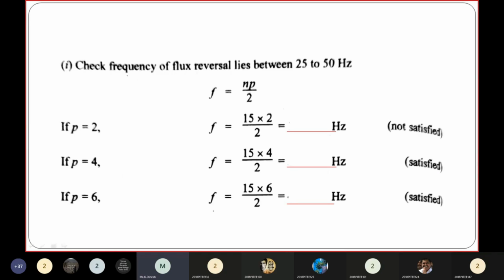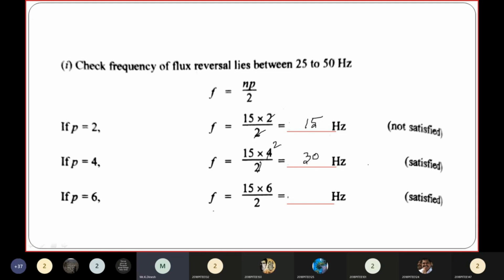So first, we have to check whether the frequency of flux reversal lies between 25 to 50 hertz or not. When I substitute P equal to 2, 15 into 2 divided by 2, the 2s cancel, so you only have 15 hertz. So it is not satisfied. Next, P equal to 4: 15 into 4 divided by 2, so 15 into 2, 30 hertz.